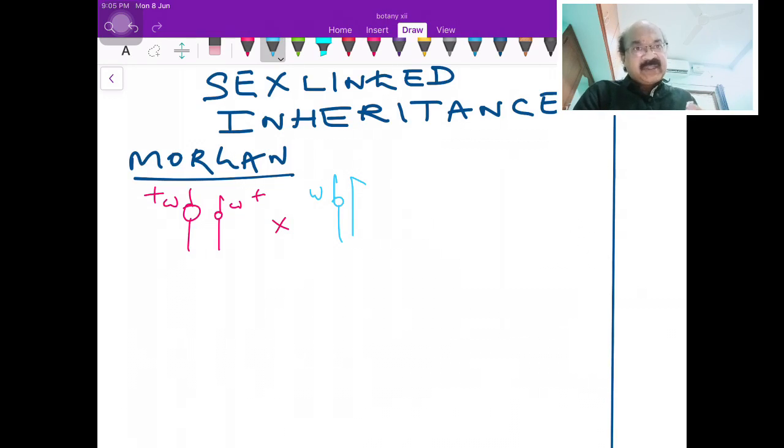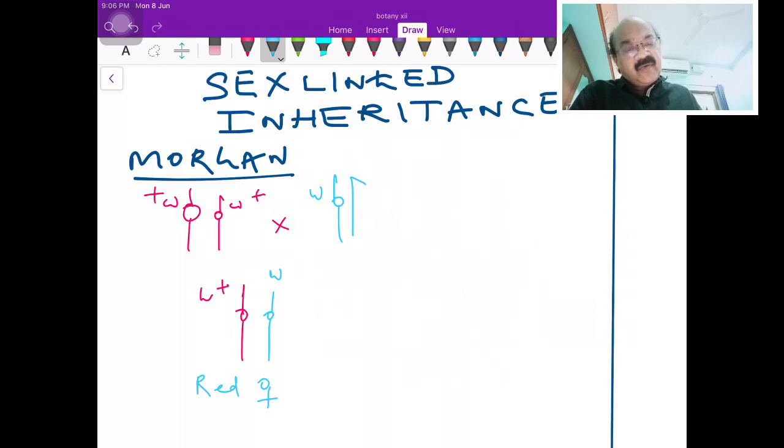On account of this cross, in the F1 you will get W plus W, which is a red-eyed female Drosophila.